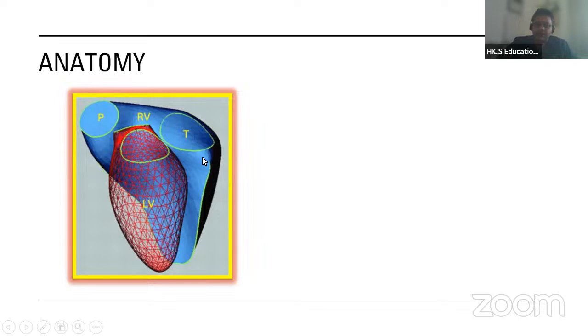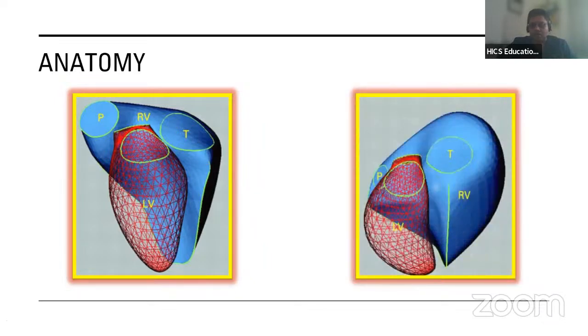But when this right ventricle undergoes volume or pressure overload or strain, it tends to creep outwards and come to the side of the left ventricle. That's when it starts impeding the functioning of the left ventricle. As long as the right ventricle stays behind the left ventricle, the left ventricle is very efficient. But once it starts creeping outwards and surrounds the left ventricle, that's when the hemodynamic efficiency of the left ventricle begins to drop.